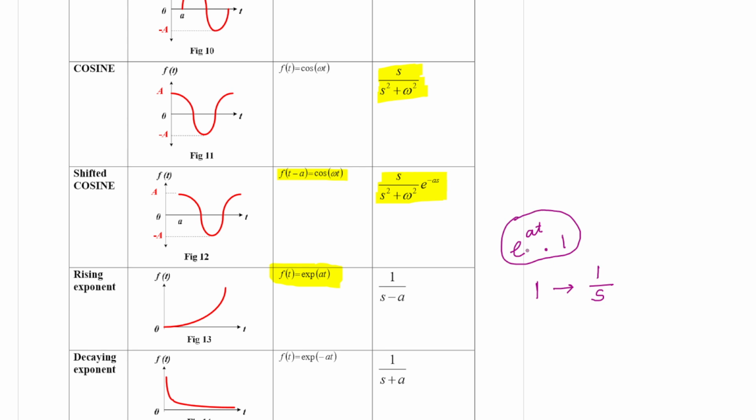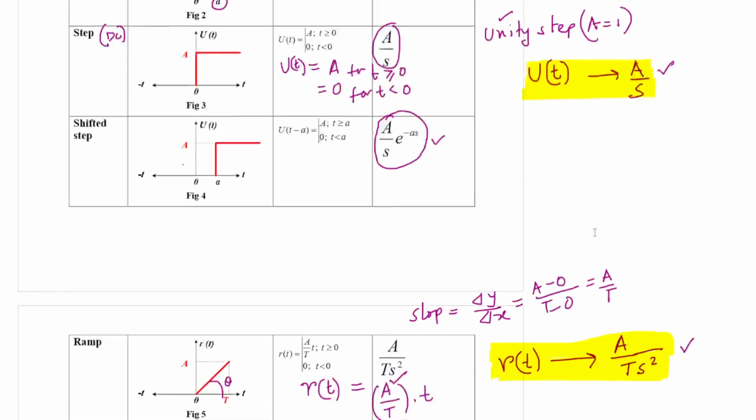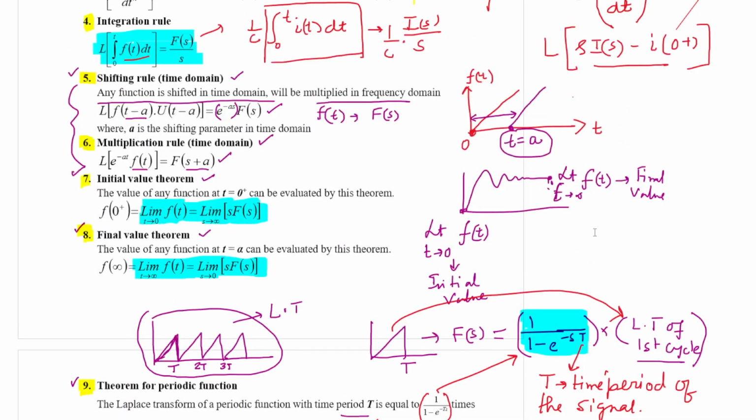So multiplication in the time domain means shifting in the frequency domain, by this factor F(s plus a). So please look carefully: when it is multiplied by a factor e to the power minus at, it is shifted by an amount plus a.